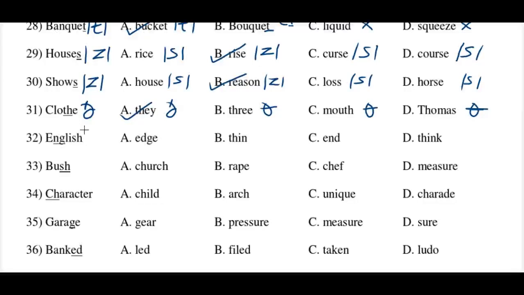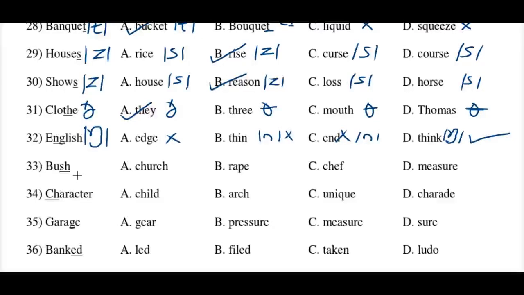The underlying sound there is this sound. So we have edge, ja. We have thin, it contains N sound, so that's out of place. Then end, contain N, that's out of place. Then this is think. And that makes option D the correct answer.